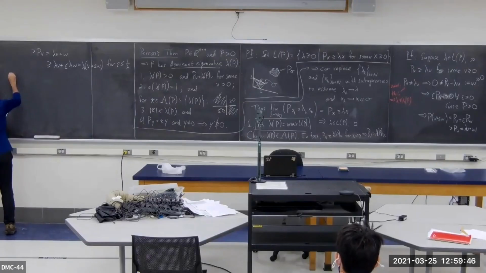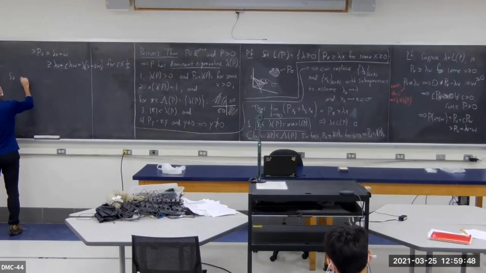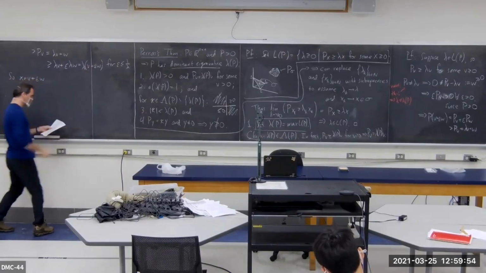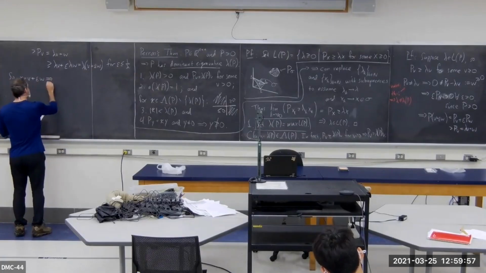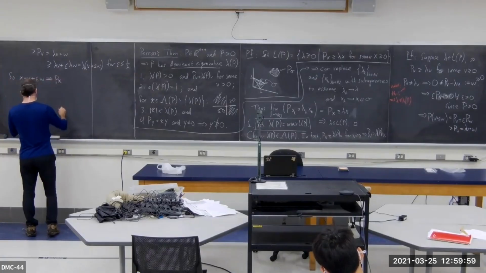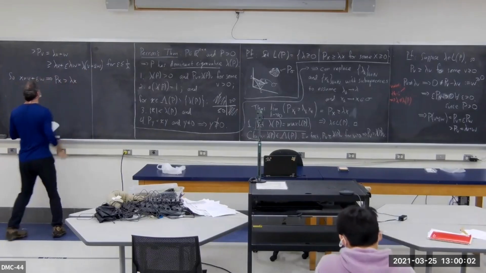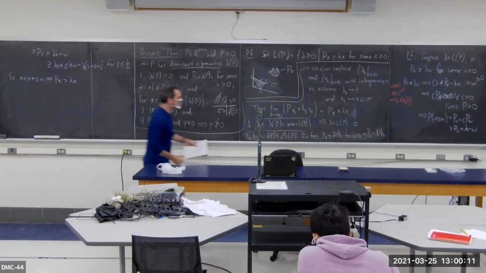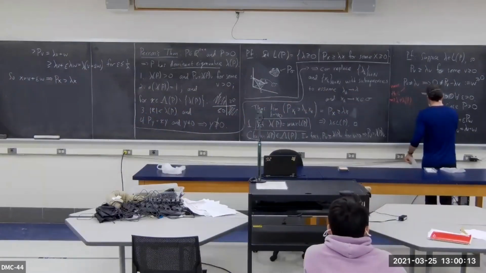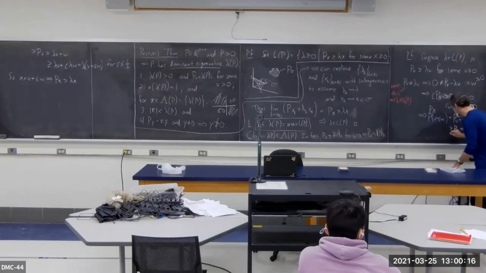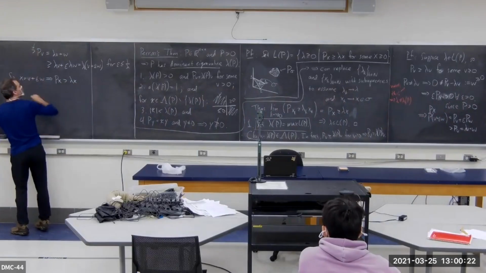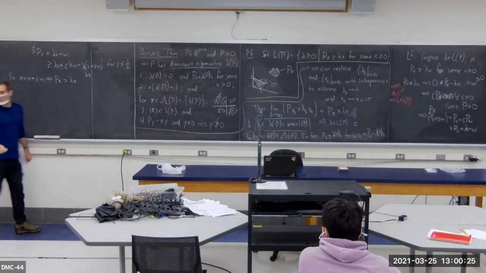Okay, so if we take X to be V plus epsilon W, that's this one over here, then what we get is that Px is greater than lambda x. Here it is. This is Px. There is a greater than sign right there. And here's lambda x. Fair enough?